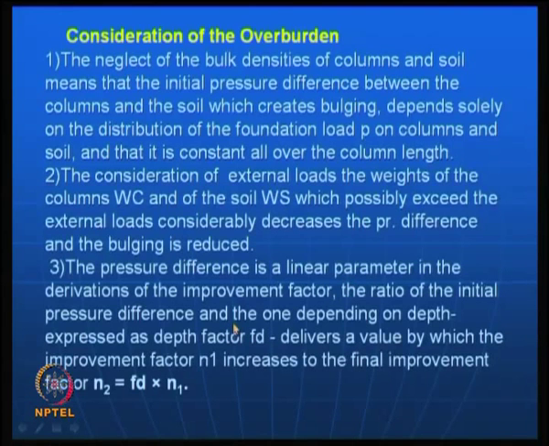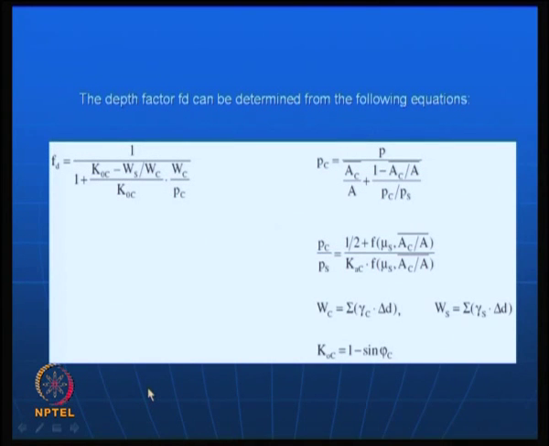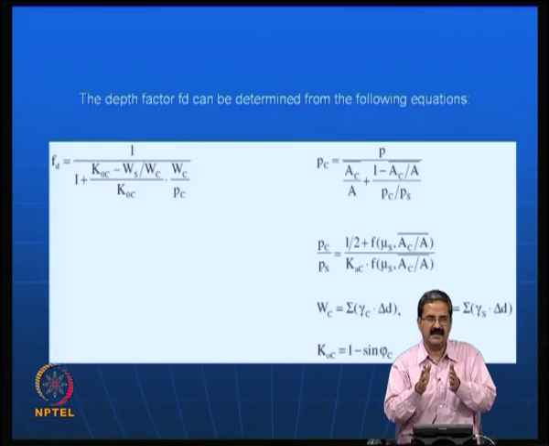So, there is another simple correction that they have suggested, as a function of the overburden. Because of the overburden, the improvement increases; the depth factor increases, because with depth the bulging will be less at the bottom.